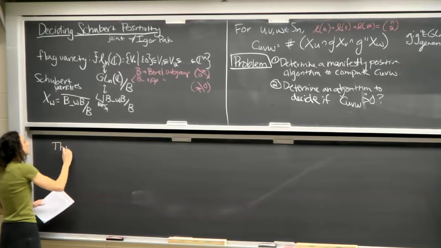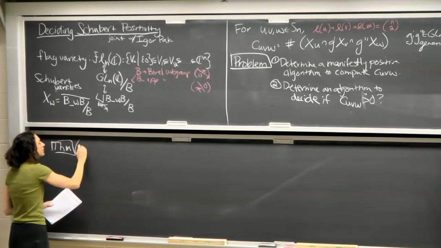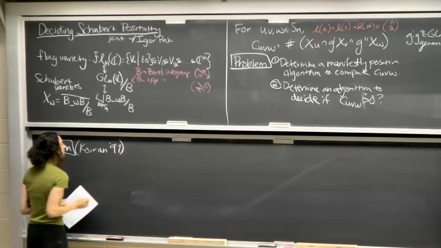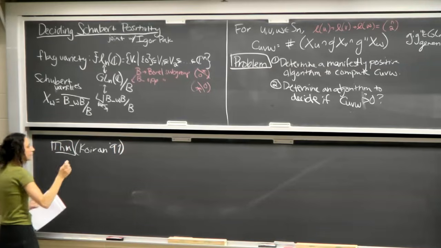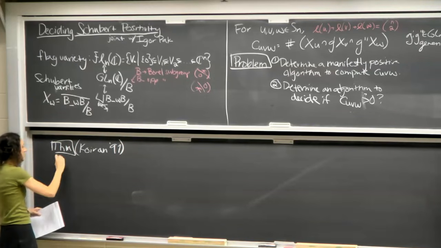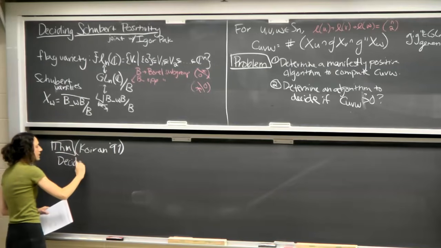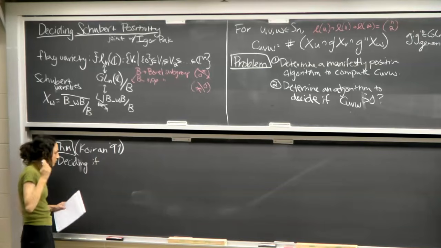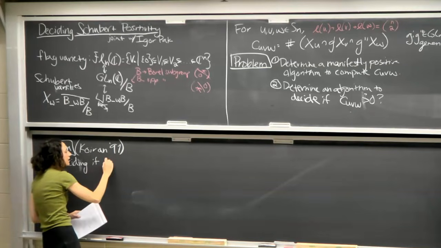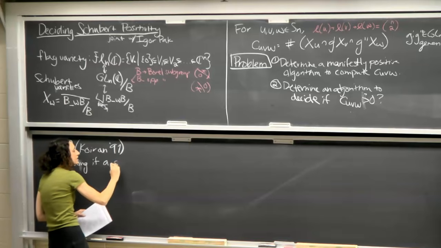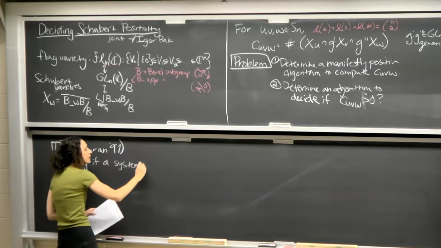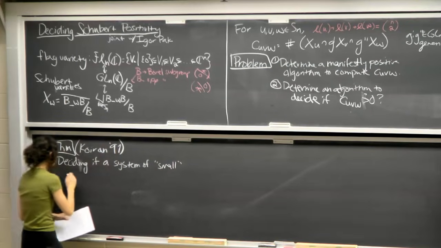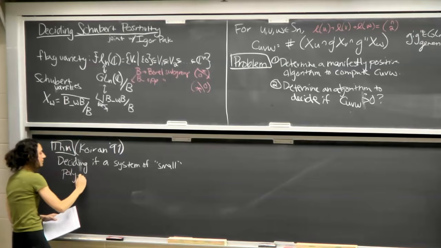Okay, and so for this, we turn to a theorem of Koiran from 1997, in which he shows that the decision problem, where the problem is if a system of, I'll say, small polynomial equations.